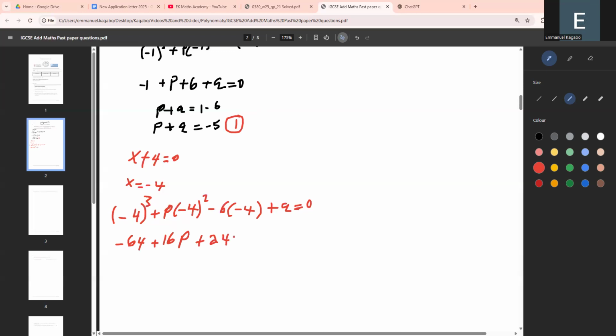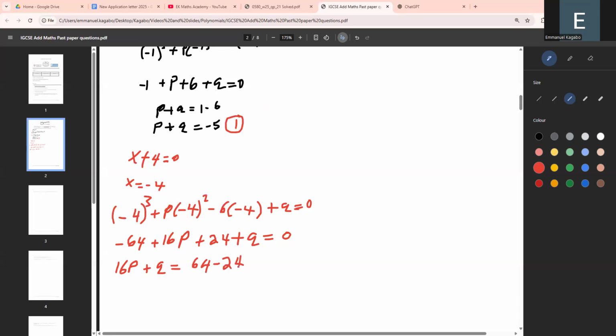Okay, good. By the way, you can pause the video and do the question, and then come and finish watching the video. Now at this step, this is 16p and this is q, so I can write them here: 16p plus q. Then the minus 64 goes to the other side and 24 goes to the other side, so it will be 64 minus 24 altogether.